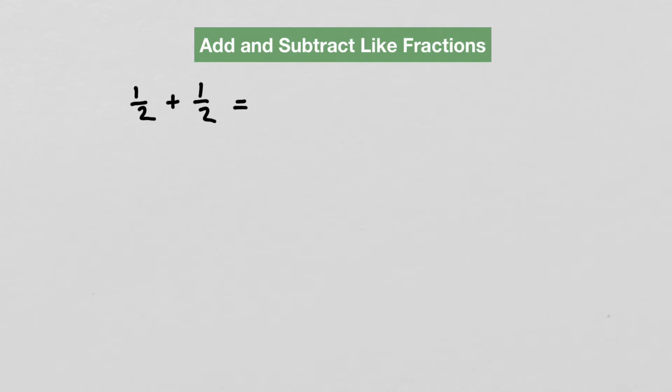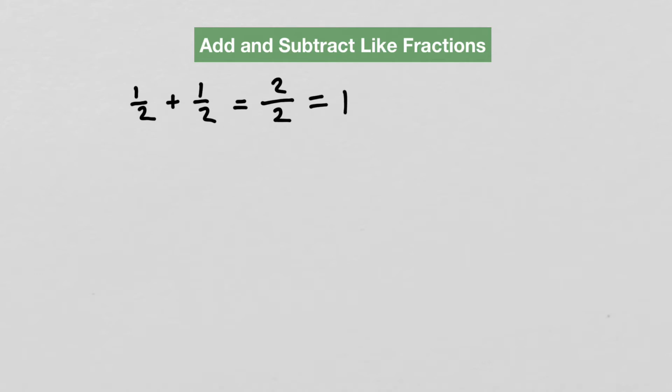In this scenario where the denominator is a 2, your answer is going to be a 2. We maintain the denominator. The only thing that you add are the numerators. So in this case, 1 plus 1 is equal to 2. 2 over 2 is equal to 1, simplified.